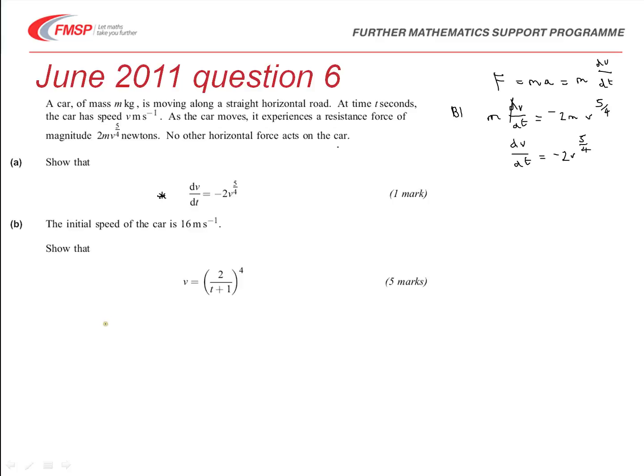So if we bring the v to the 5/4 across to the other side, we would get v to the minus 5/4 integral dv equals the integral of negative 2 dt.